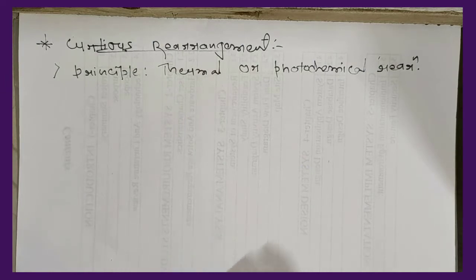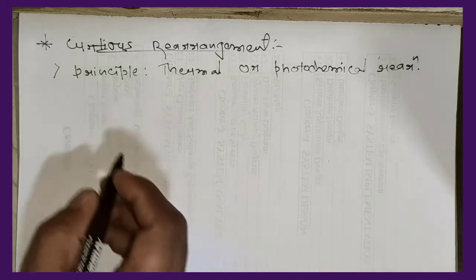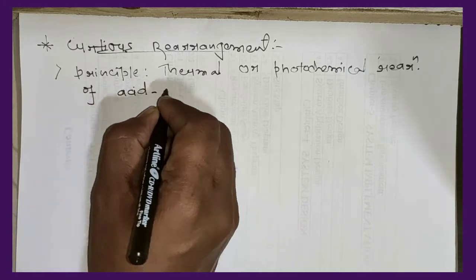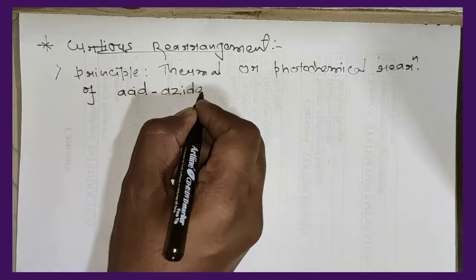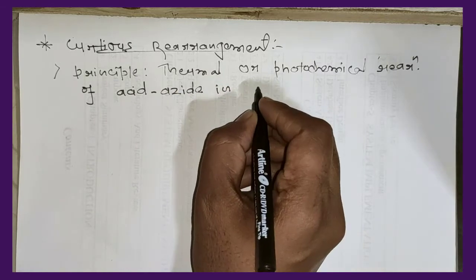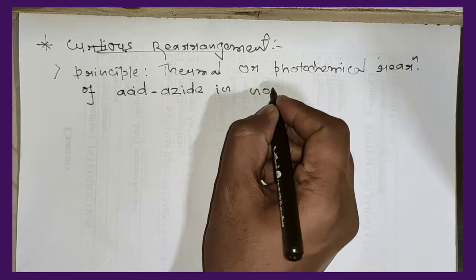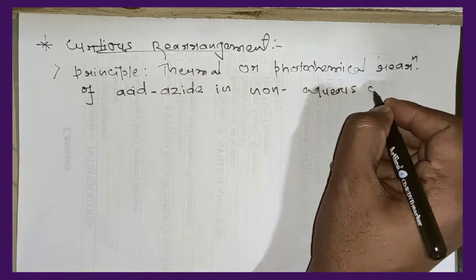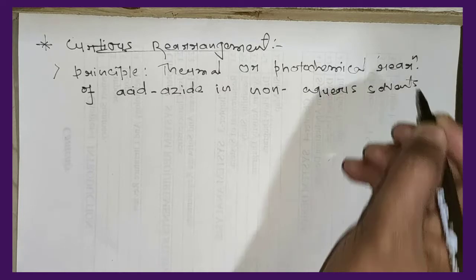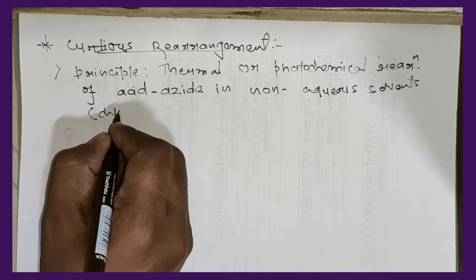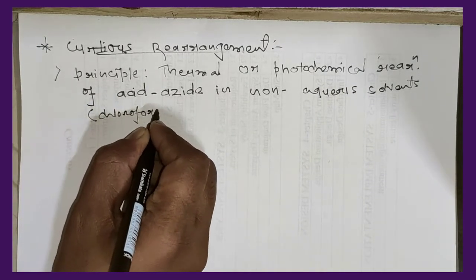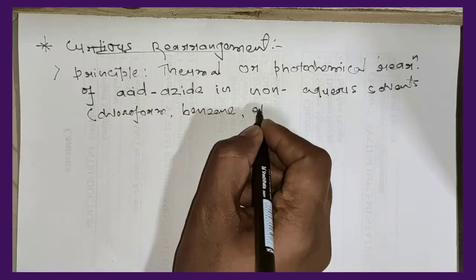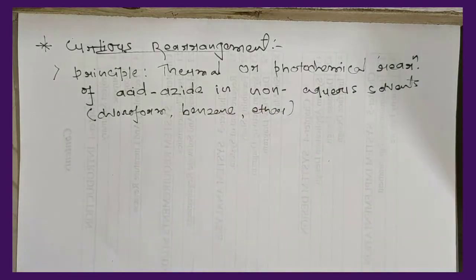So your starting material is acid azide in the medium of a non-aqueous solvent, for example chloroform, benzene or ether, right? So this is a non-aqueous solvent.